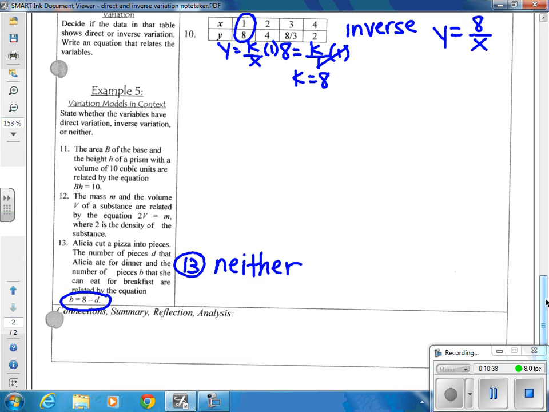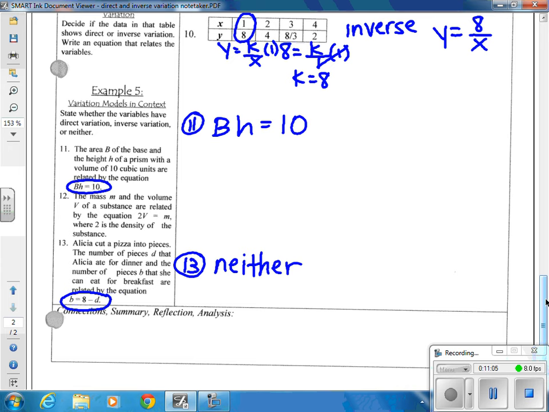Now we want to take a look at numbers 11 and 12. If you stick with the formulas given to you, it'll help you out a little bit more. In number 11, the formula they gave us for area of the base and height of a prism is BH equals 10. Obviously they want you to relate the two variables of area and height.